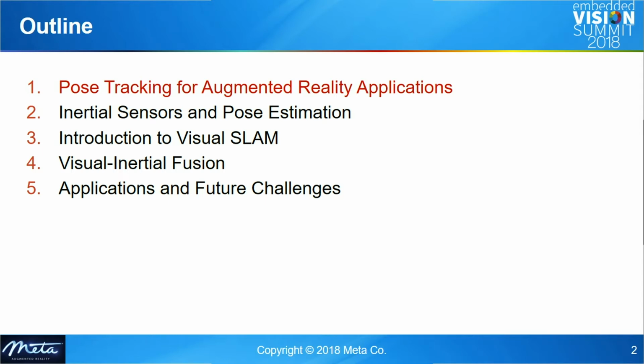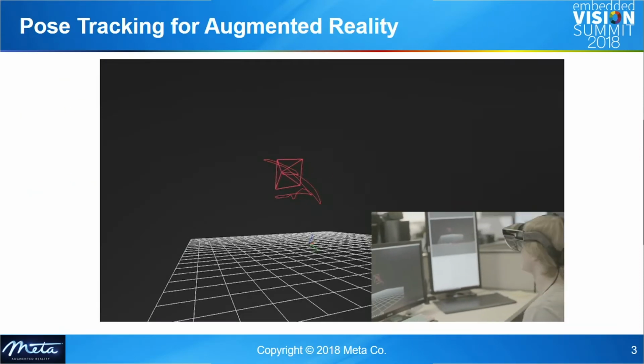Once we have covered the inertial and visual part, then we will talk about sensor fusion and how to combine the two modalities. And lastly, we'll talk about how to apply all of this to augmented reality. So with that, let's get started.